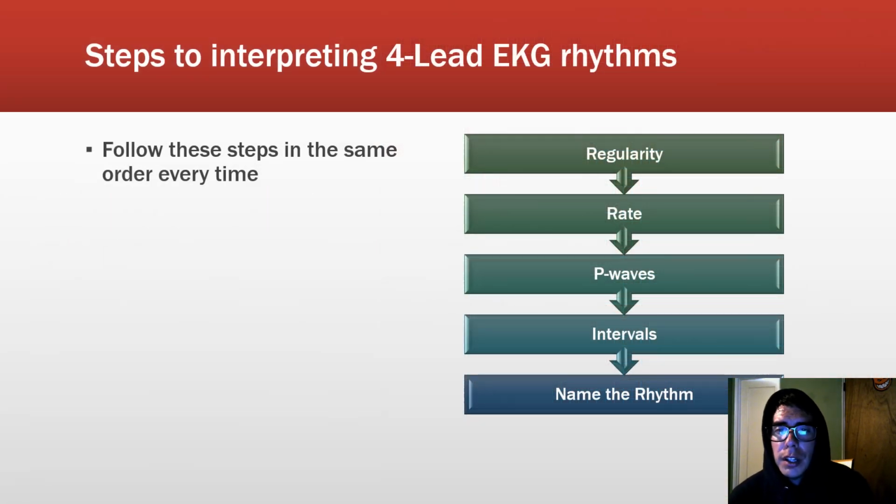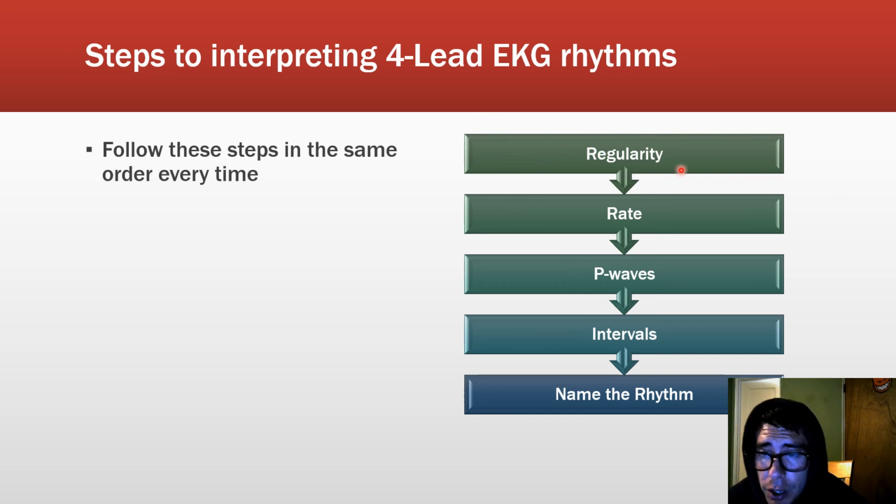So the steps, there's not really a specific way, even in the textbooks, it doesn't always tell you a specific way to check these things, but this is the way that it was taught to me, and this is the way I do it. So you can do it this way, or you can do it another way, just as long as you check all these things. So first, look for regularity.